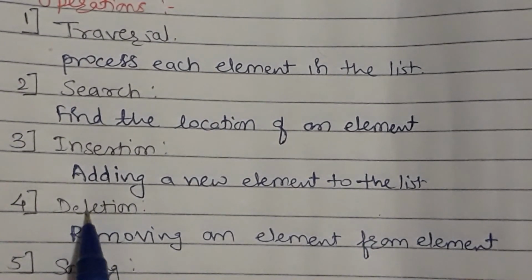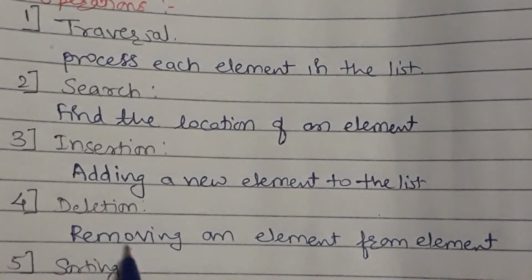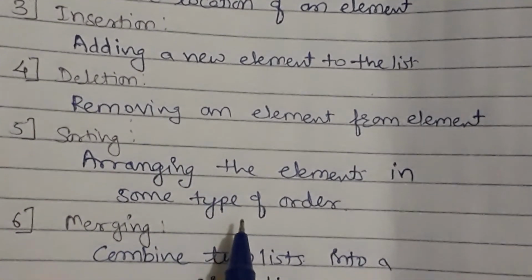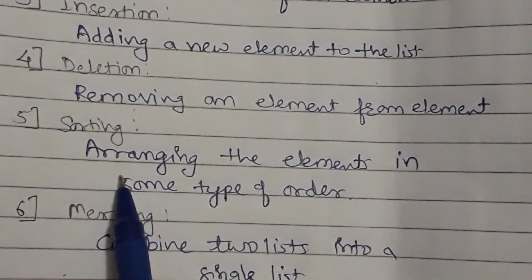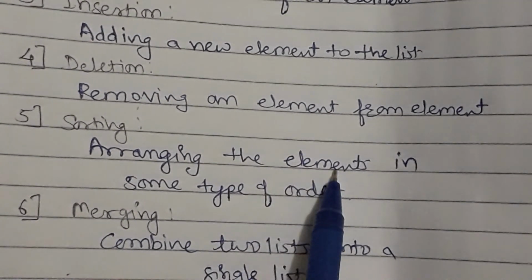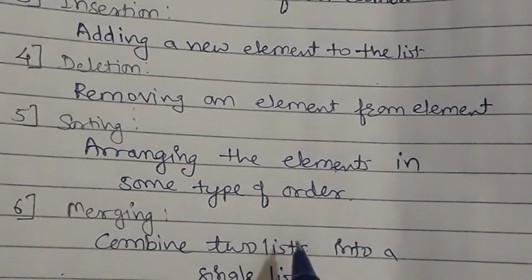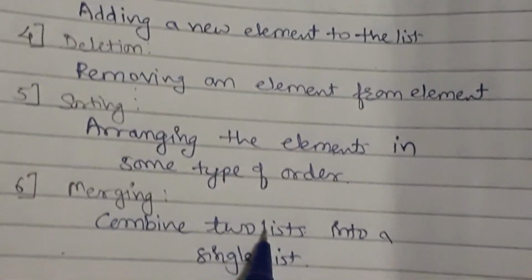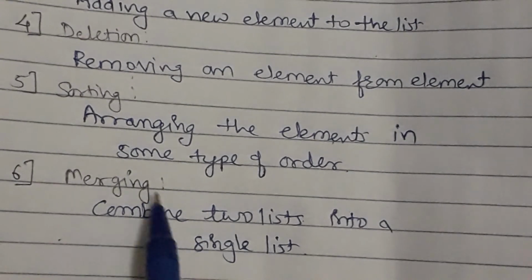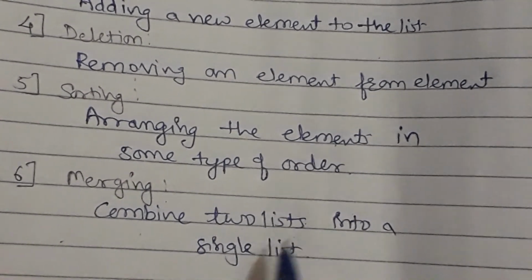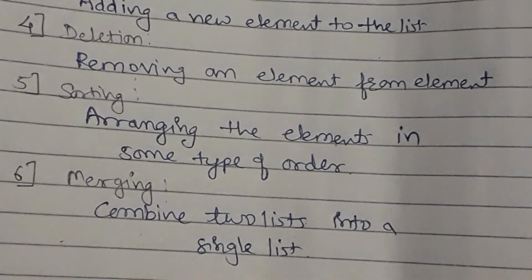Next is the deletion operation, in which we remove an element from the list. The next operation is sorting, which means arranging the elements in some type of order, ascending or descending. And the last operation is merging, in which we combine two lists into a single unit.